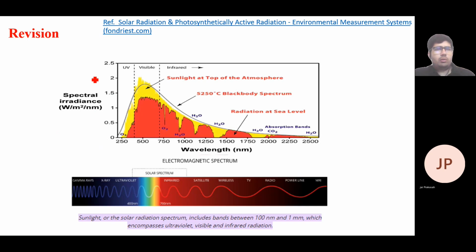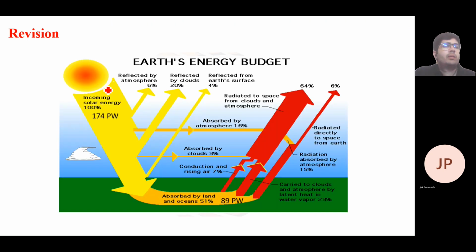Again, this we have covered in the last class, showing the spectral irradiance curve with the wavelength. This is the complete electromagnetic spectrum, with the given wavelengths. The blue light we have already covered, just for quick revision because it's important. This is the visible, UV and infrared.